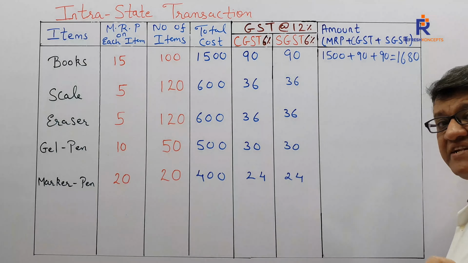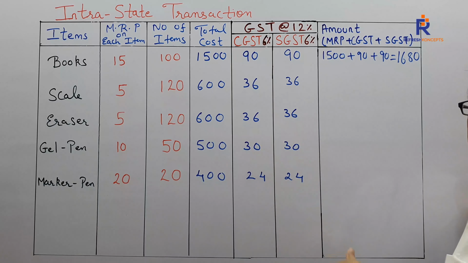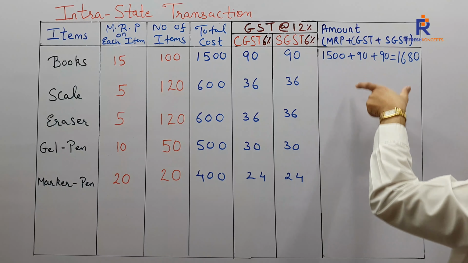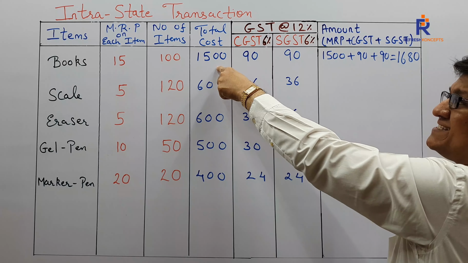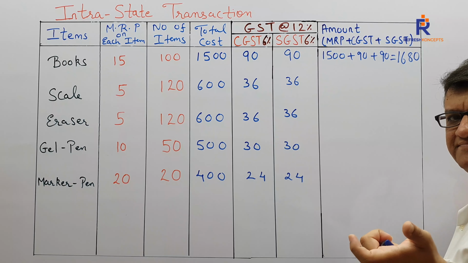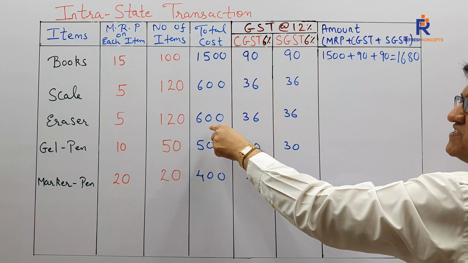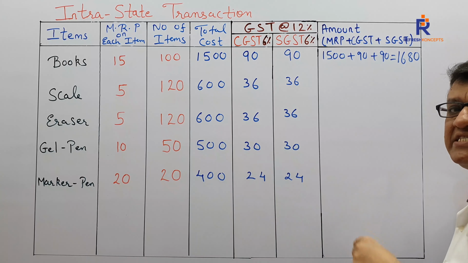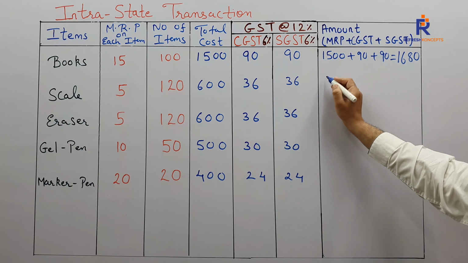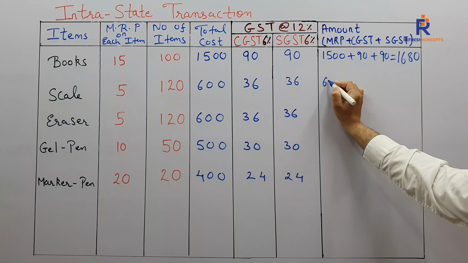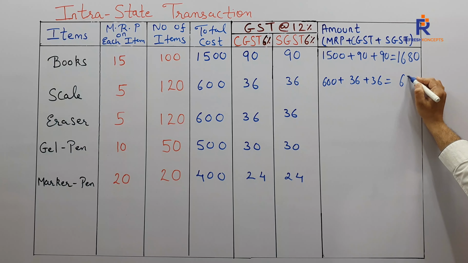What one could have done is state 12% of 1500 under the GST column, and then it would be okay to add GST plus MRP. So 12% of 1500 works out as 180. 12% of 600 works out as 72. 12% of 600 again 72. 12% of 500 is 60. And then bifurcate, it's your choice, children. Here it is 600 plus 36 plus 36, answer 672.